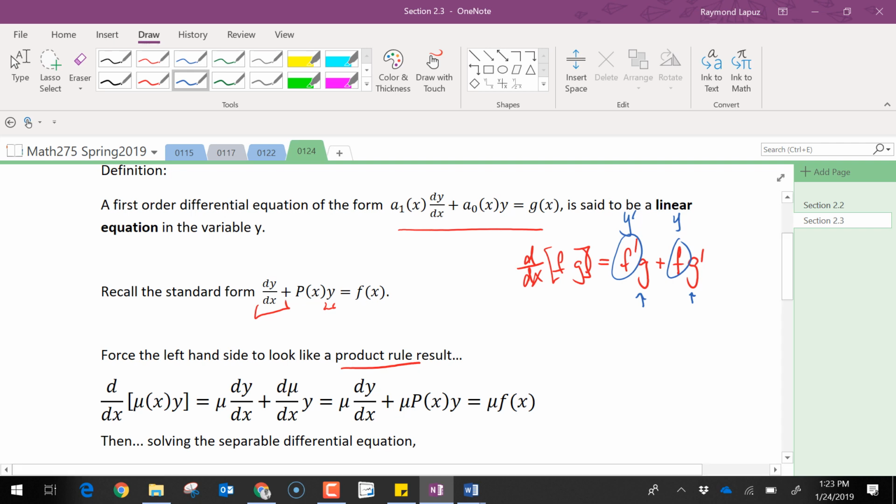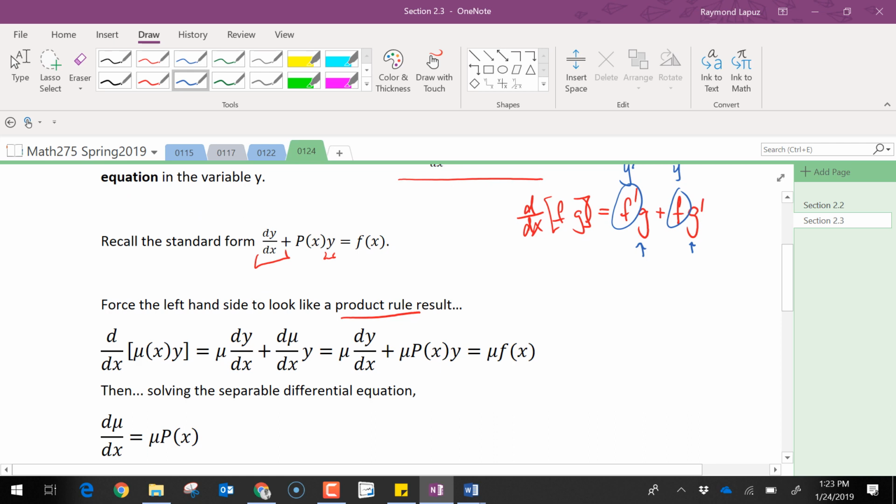And the idea behind this is, if we look at this thing as if it was a product rule, it might not look like a product rule right now, but if we multiply this by some function, can we make it look like it was a product rule?